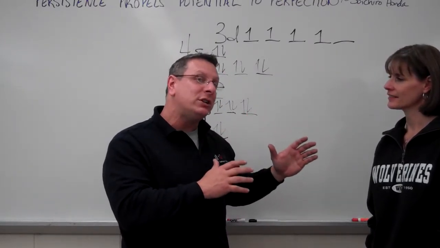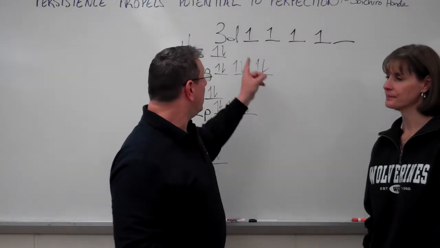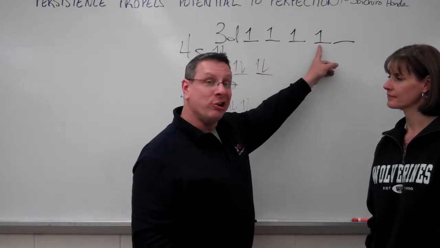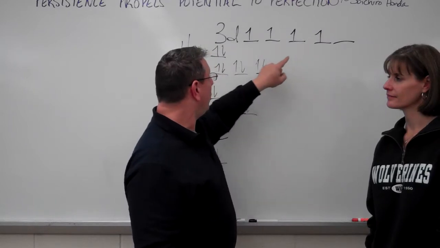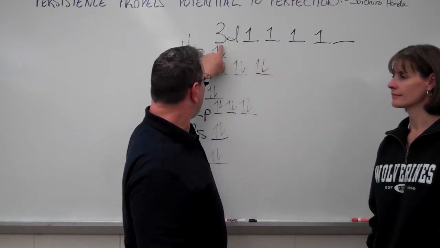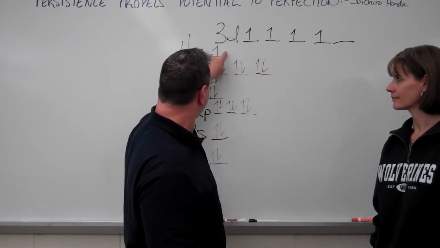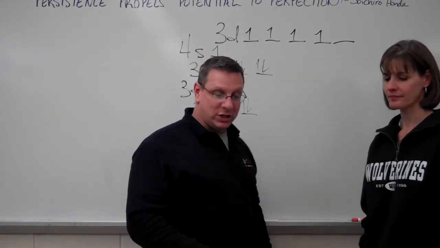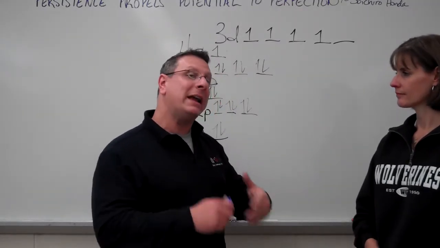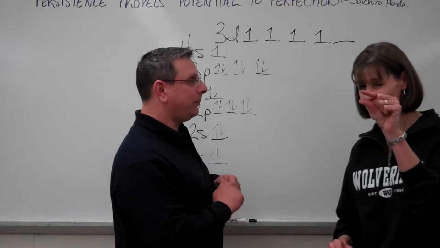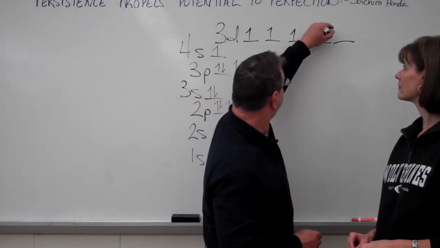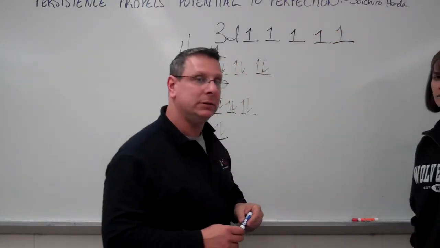In order to reach some stability, this highest energy sublevel reaches down and picks the pocket of 4s, which is technically lower in energy, just a little bit, and pulls that electron up here.